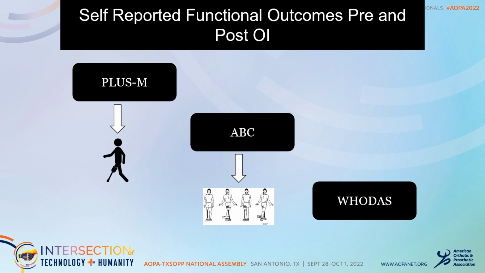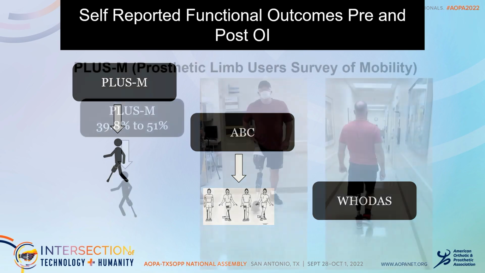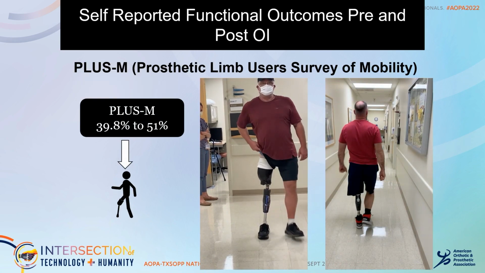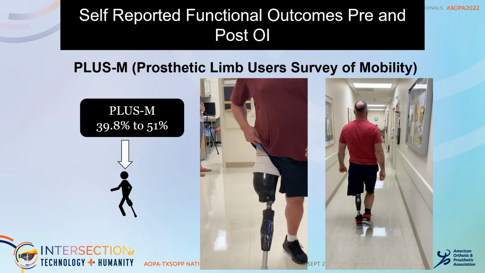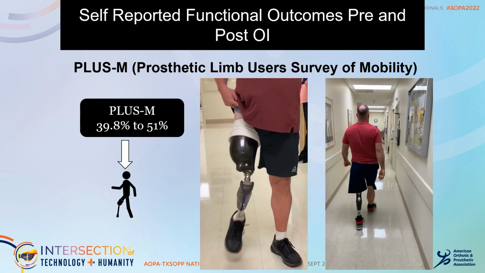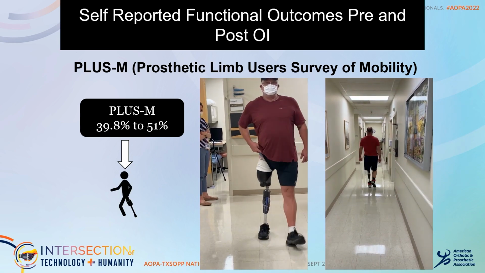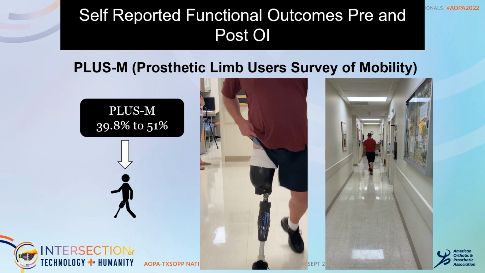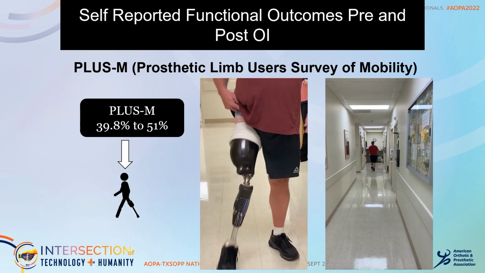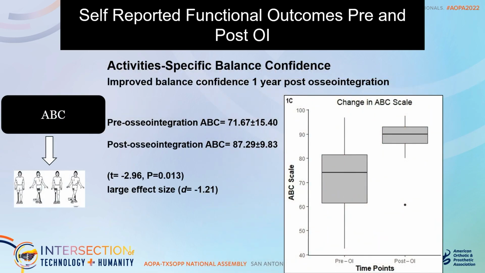Dr. Cain mentioned many things, the benefits of osseointegration. Our own lab has shown how much the score statistically improves, where patients who have difficulty, like on the left, wearing a socket prosthesis, use their prosthesis longer. The activities balance, balance confidence improves.